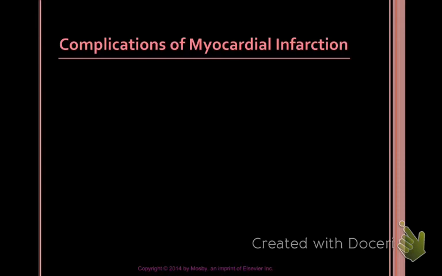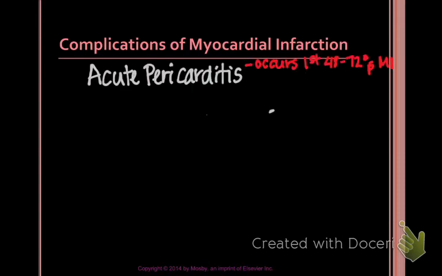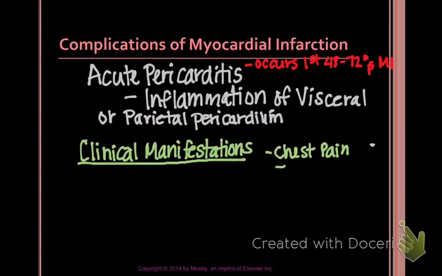What are some complications of myocardial infarction, like we were talking about? Acute pericarditis. Acute pericarditis occurs within the first 48 to 72 hours after an MI. And acute, you think acute, a little more serious, right? What is it? It's inflammation of the visceral or parietal pericardium.